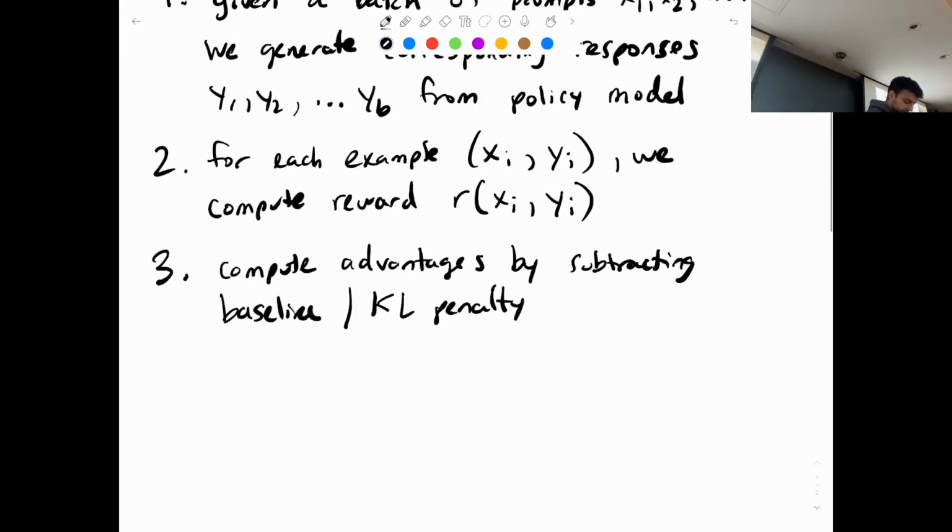So we had two different calculations here. One is the advantage, which is the reward minus this baseline term.